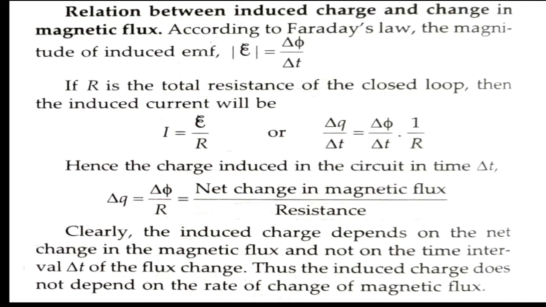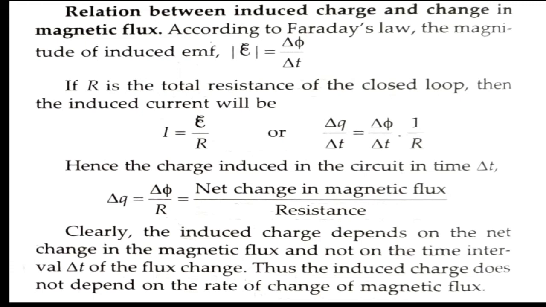So we have the two expressions for current, I equal to epsilon by R and I the same as delta Q by delta T. Just substituting, we will have delta Q by delta T is equal to delta phi by delta T into 1 by R, that is epsilon by R. So we have delta Q equal to delta phi by R.